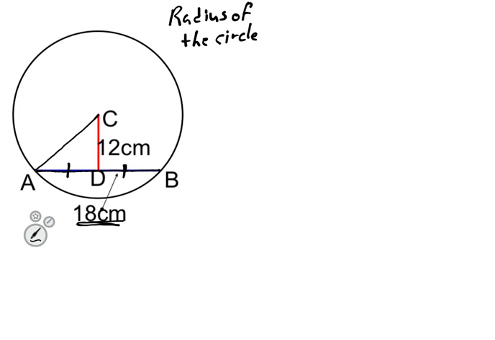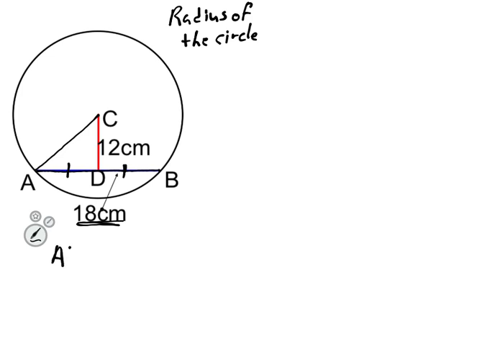We know this to be true because we have a chord on the circle with a line that runs straight through the center of our circle, right? Which makes it a perpendicular bisector. So if it's a perpendicular bisector, that means it cuts this line in half.